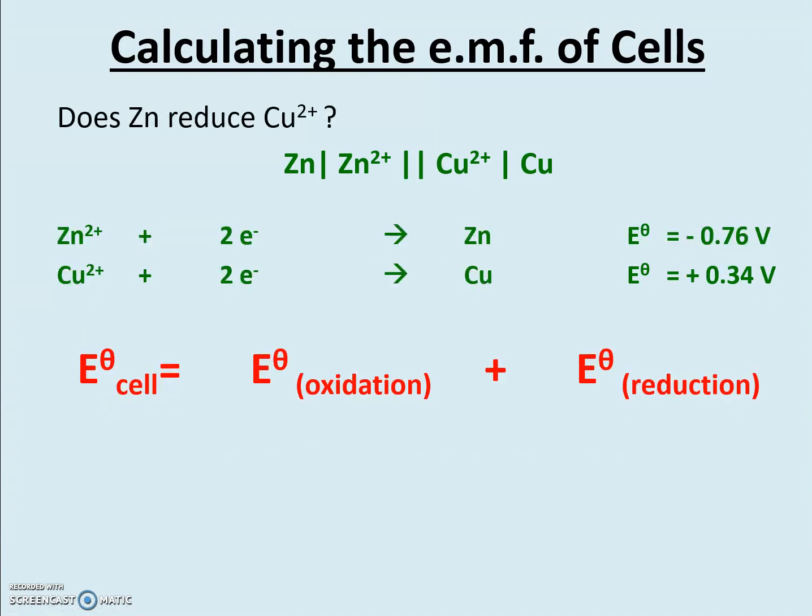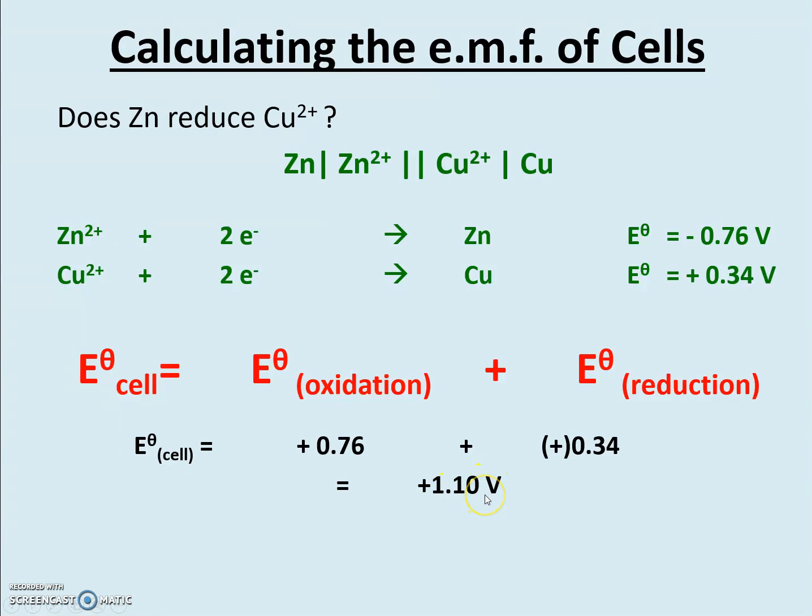Okay, so then a question we might ask: does zinc reduce copper 2+ ions? And so we'd have to work this out. If you look at the EMF of the cell, the oxidation electrode potential is now +0.76 volts, and we're going to add to that +0.34 volts, which gives overall an EMF of +1.10 volts.